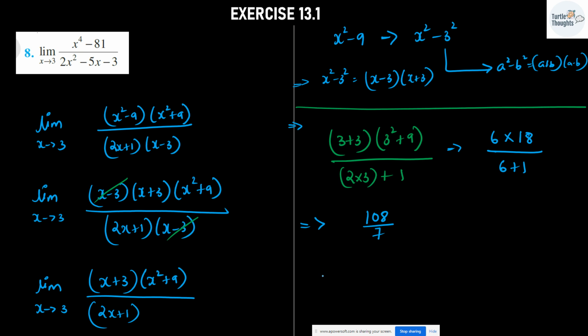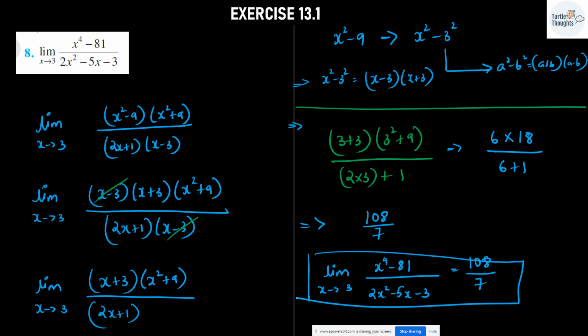So I can finally write that the limit of x tending to 3 for the function x to the power 4 minus 81 divided by 2x square minus 5x minus 3 is going to be 108 divided by 7. This is going to be your final answer.